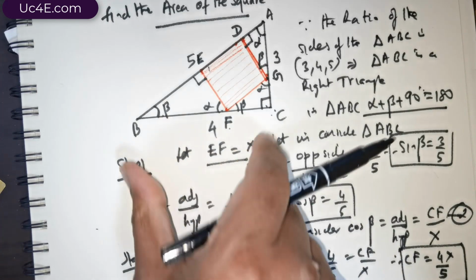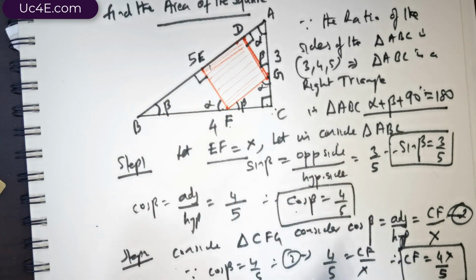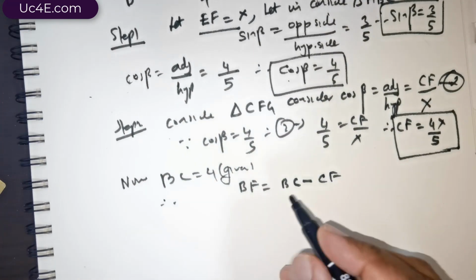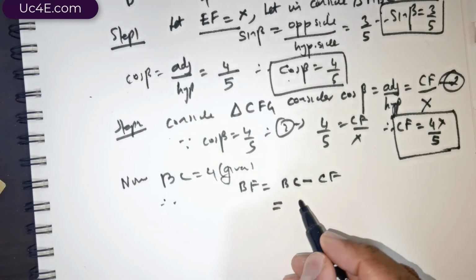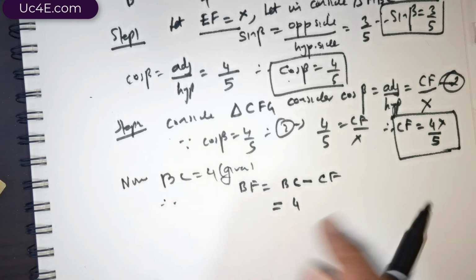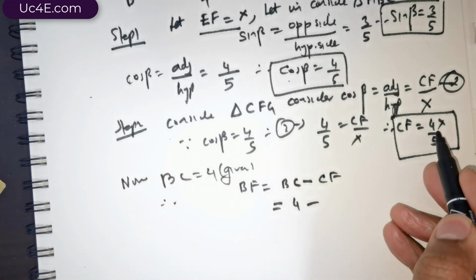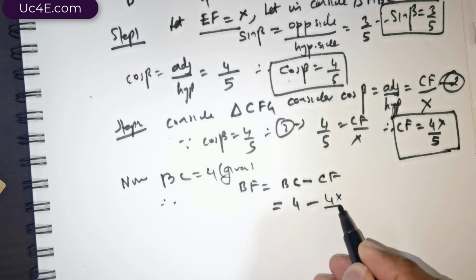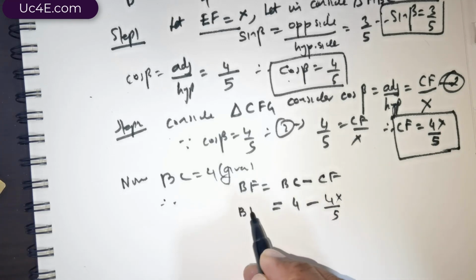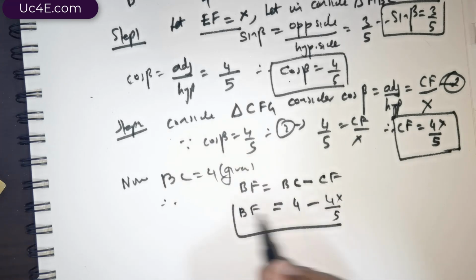From BC, I take away CF, I get BF. BC is 4 units, and CF is nothing but 4x over 5. This is my BF. Let me have this in one place, it's going to come in handy.